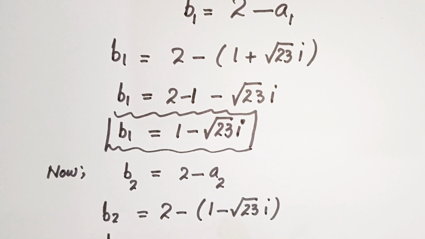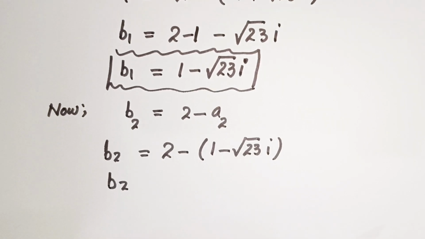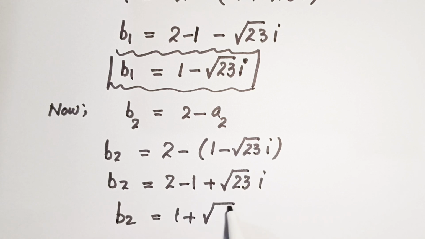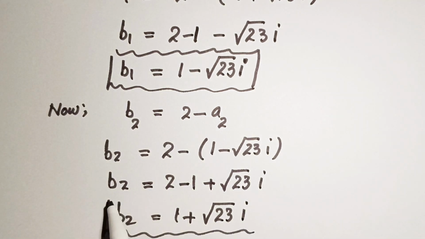So b2 will be 2 minus, multiplying this negative sign into the parentheses, we have 2 minus 1 plus square root of 23i. So b2 is equal to 1 plus square root of 23i. So it is the value of b2.